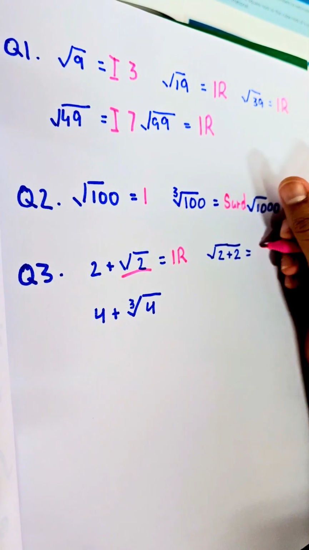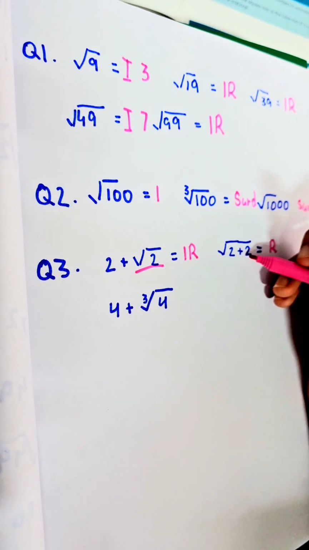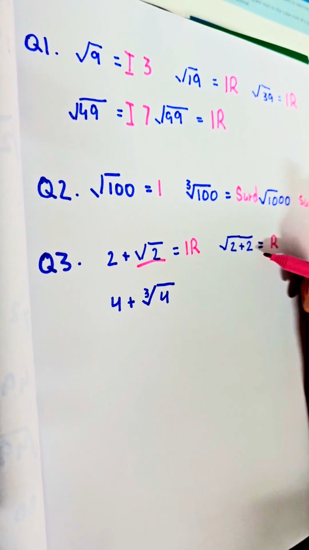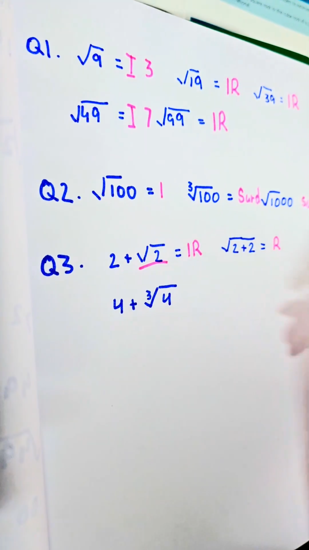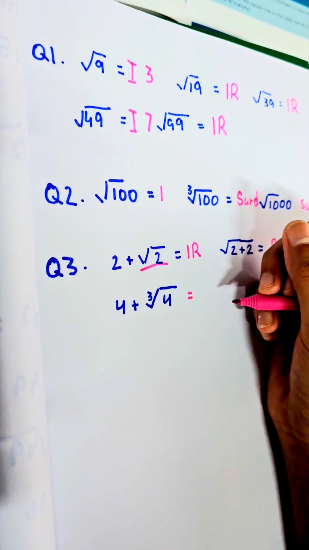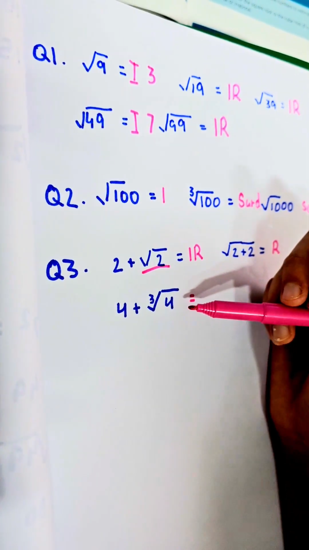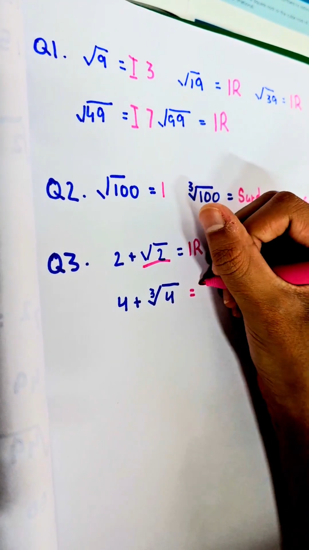This is rational, B, because 2 plus 2 is 4 and the square root of 4 is 2, so it's rational. And the last one, there is no such thing as a square root of a cube root of 4, so we can say it's irrational.